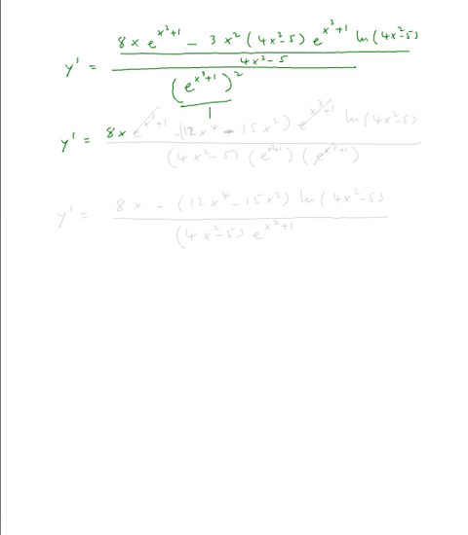So this is 8x e to x cubed plus 1 minus, I'm going to distribute 3x squared, so 12x to the fourth plus, minus is plus, 3 times 5 is 15, x squared, well, let's leave it as a minus, and then e to x cubed plus 1 ln of 4x squared minus 5.